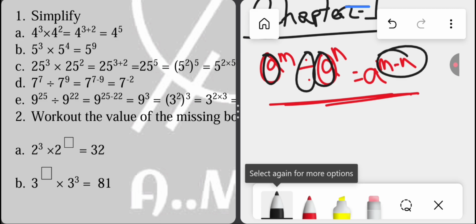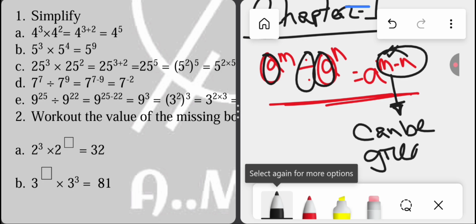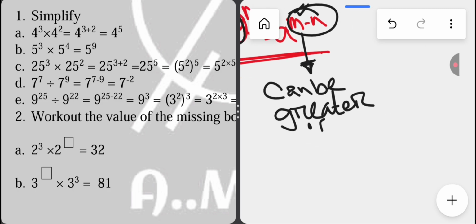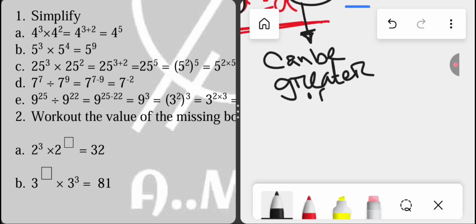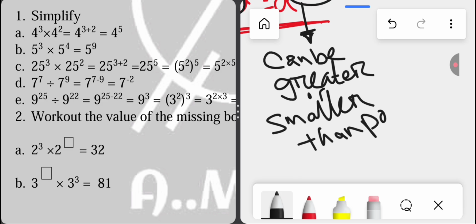It doesn't matter, the value of m here can be greater or smaller than the value of n.